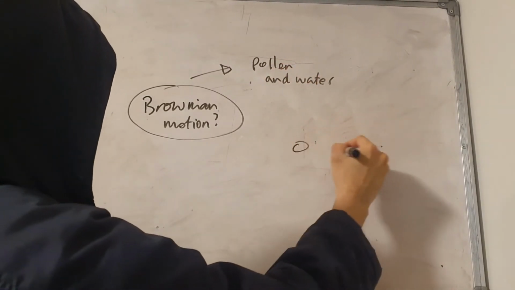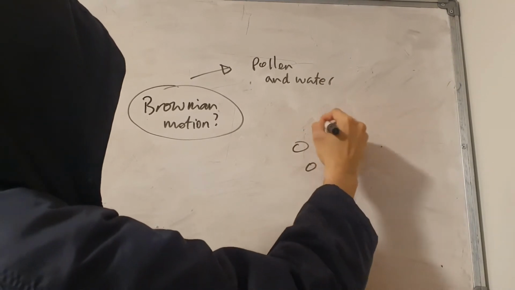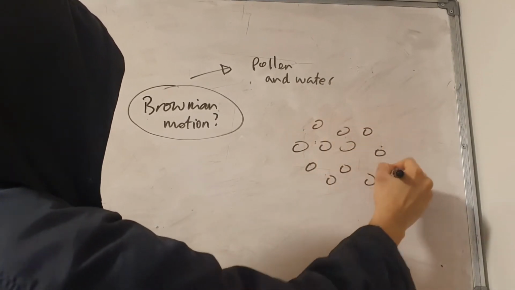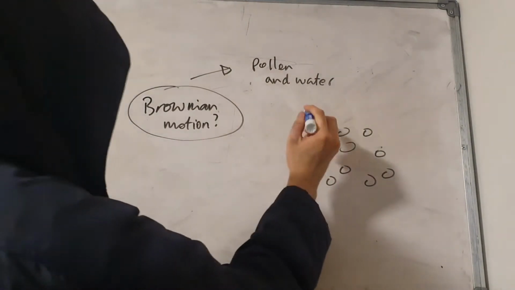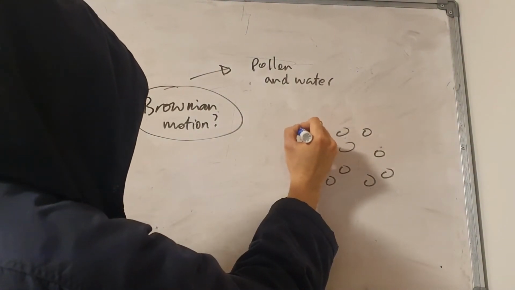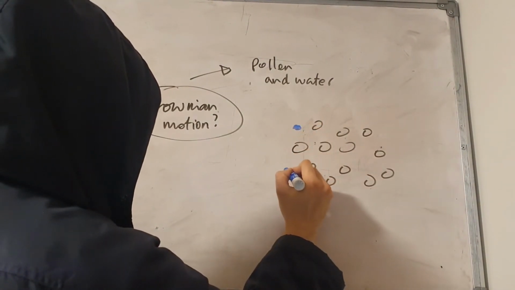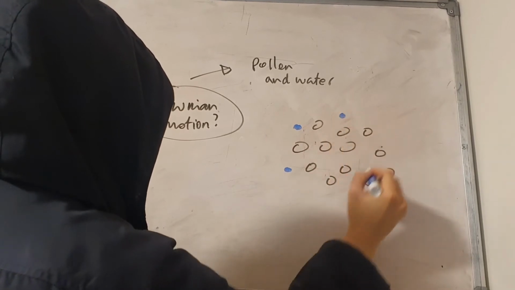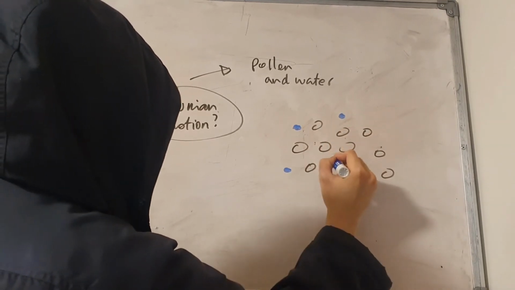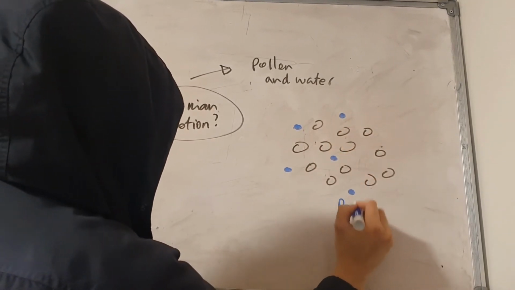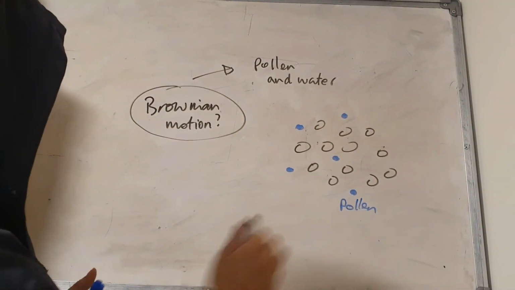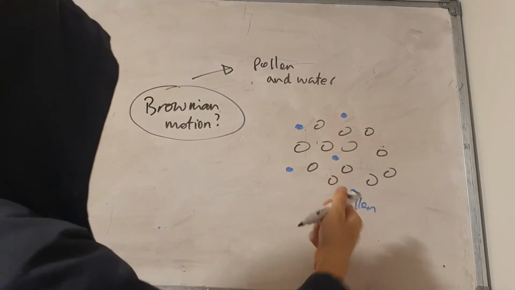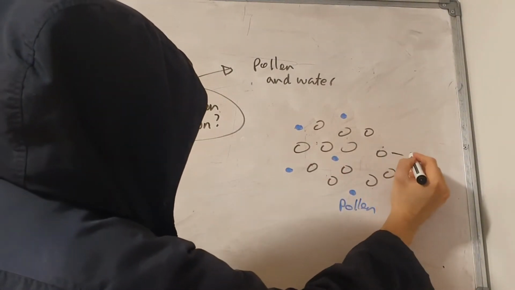So let's just say that these are water molecules, and then you've got some pollen. The shaded one is the pollen, and the circles that are not filled in would be the water.